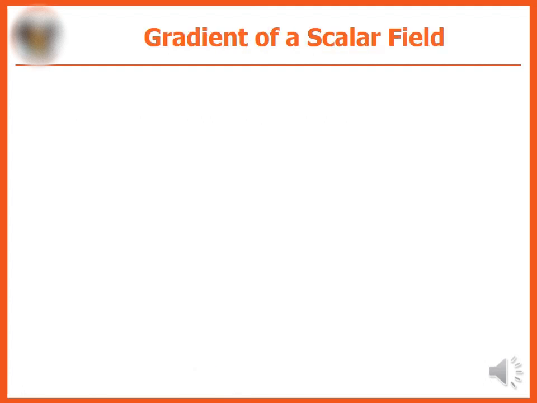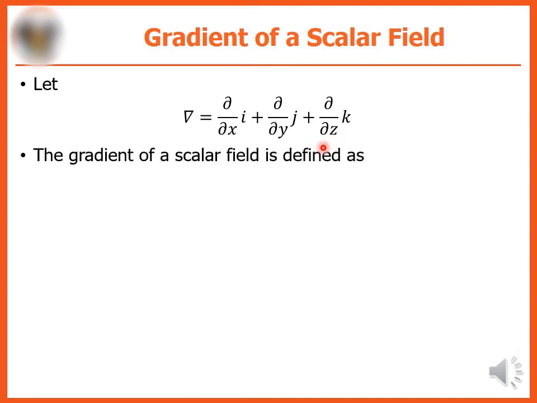Next, we proceed to the gradient of a scalar field. Let nabla, this is the symbol nabla, be equal to the partial derivative with respect to x times i plus the partial derivative with respect to y times j plus the partial derivative with respect to z times k.